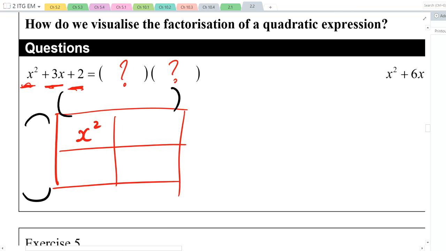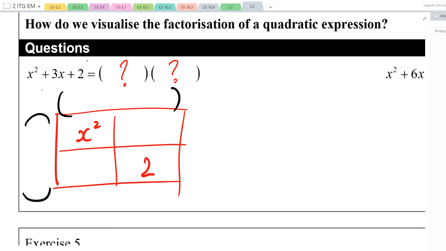Where do I have x squared in the question? Yes, right? So that is where it came from. I'm going to put it over here. Now I'm going to put a positive 2 over here.